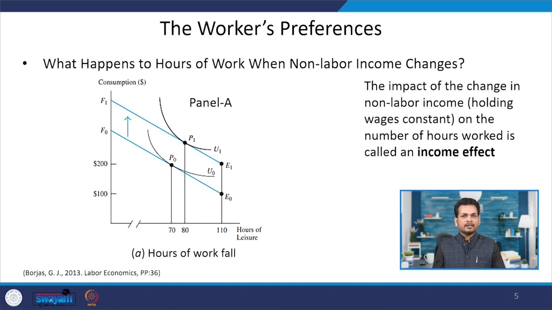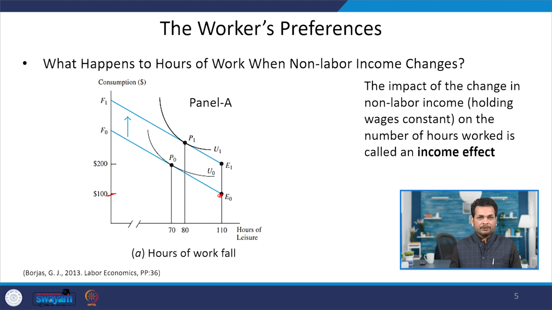Now, you can see in this graph the endowment point at point E0, which means the worker has non-labor income of $100 with the wage rate of $10.